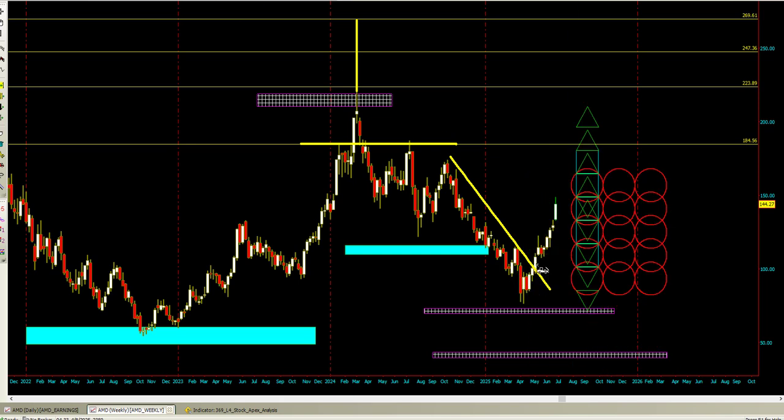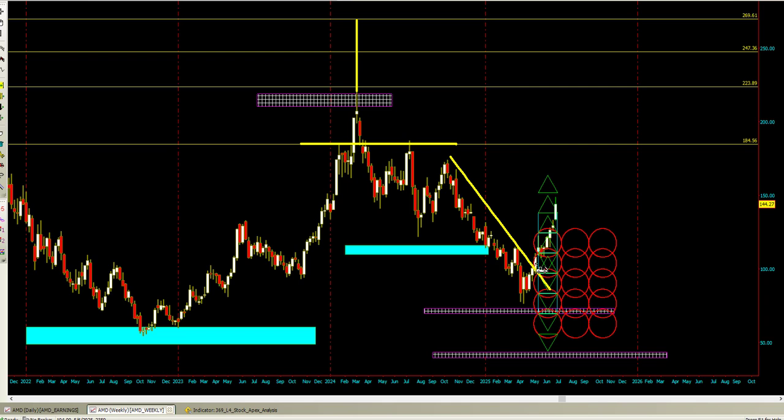Now on this initiative move bar, if you look at this closely, we are trying to retrace into these bearish zones as well, where the initiative moves took place.